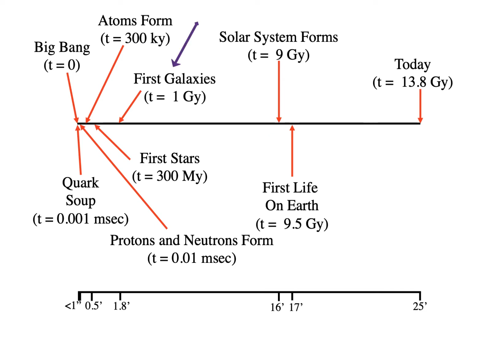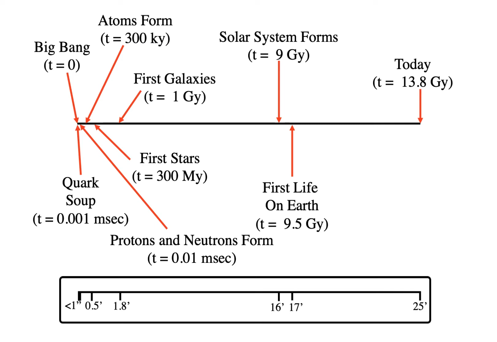And then you go back here, the first galaxy is about 1 billion years into the universe, about 300 million years, the first stars, 300,000 years, the first atoms, and about the first several milliseconds you get protons and neutrons, and just barely after the Big Bang you start getting what's called the quark soup.